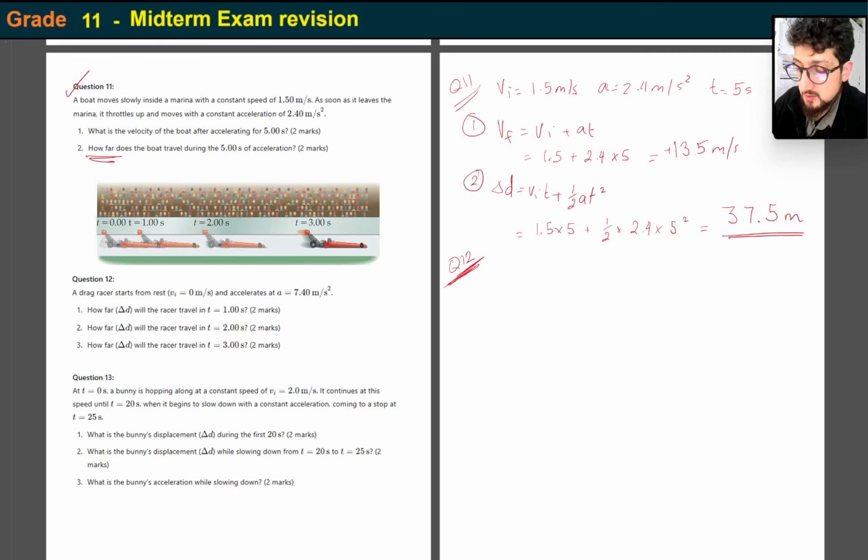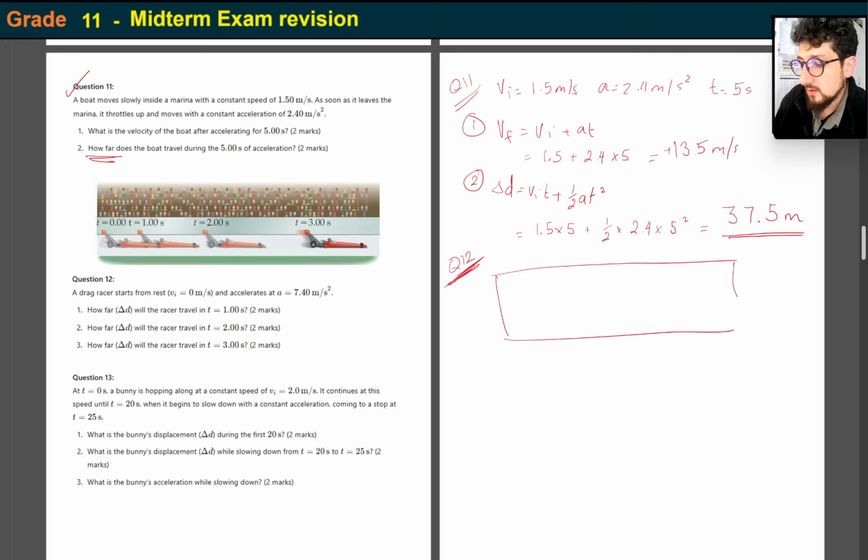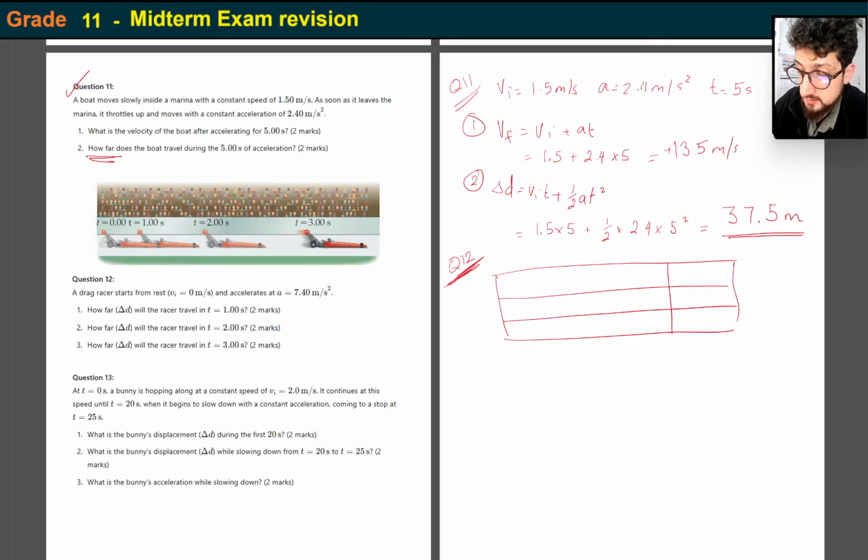So what I'm going to do in this case is I'm just going to draw a table. And I'll write the formula once, because remember that's part of how we answer questions in the exam. And then for the workout, I'll put the workout in these rows.